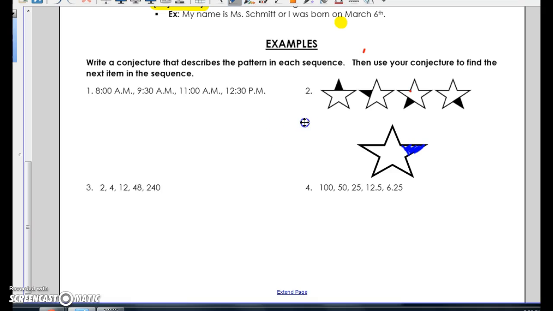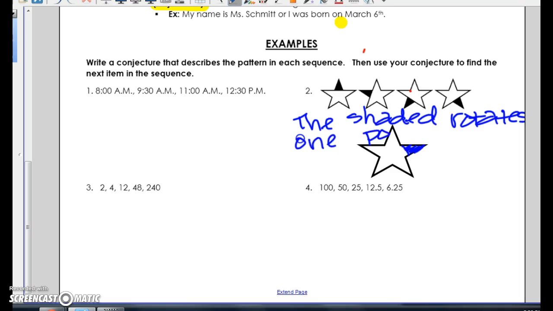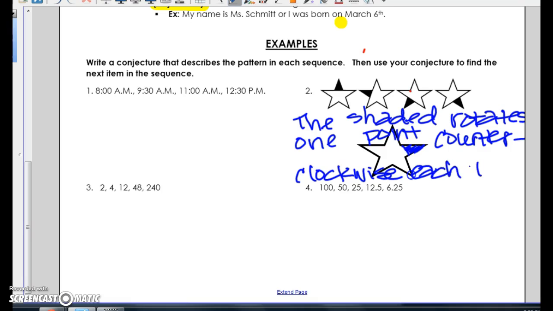And then your conjecture would be something like the shaded region rotates 1 point counterclockwise each time. Hopefully you have enough room on your paper to not have to write on top of your drawing.